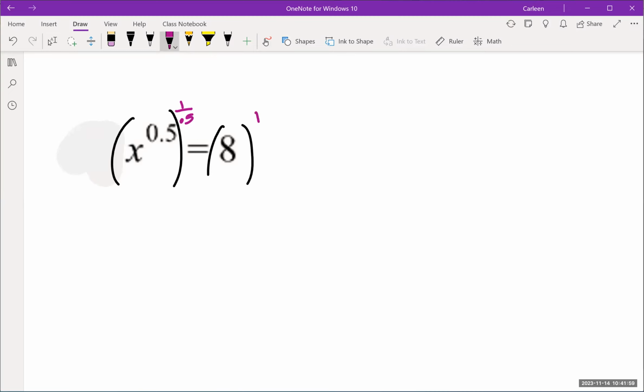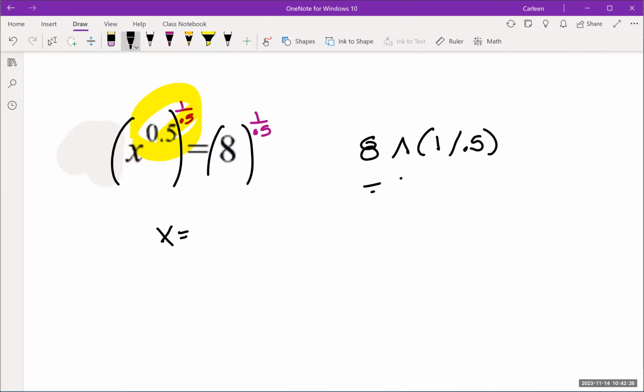Now you might not like this. It's just kind of a shortcut. So can everybody see that 0.5 on top cancels 0.5 on the bottom? So I need you to take 8 to the parentheses 1 divided by 0.5. And if you do the calculator correctly, you should get 64.